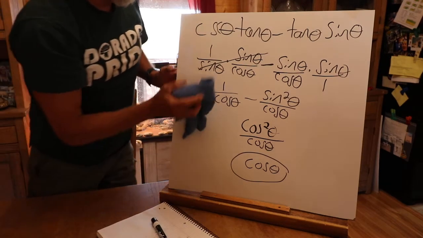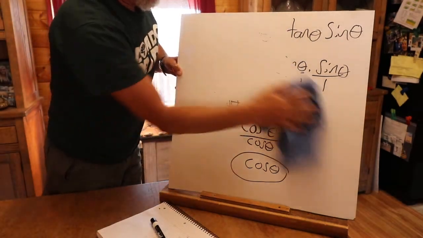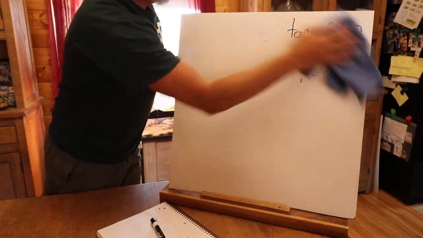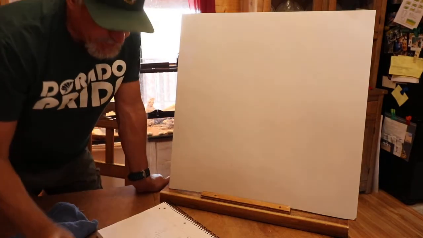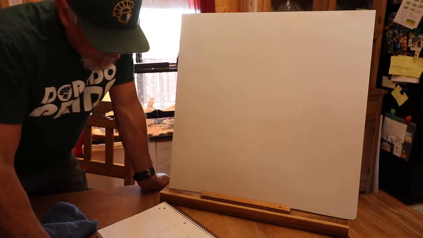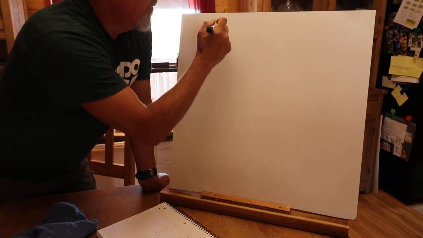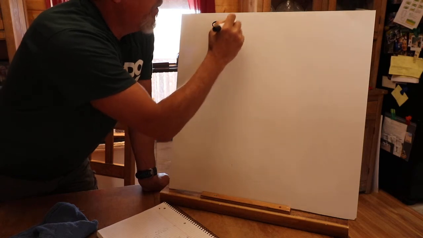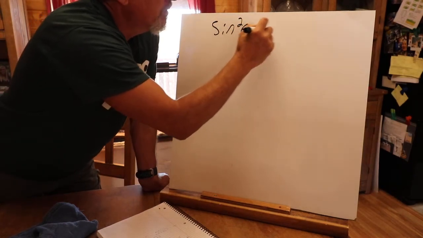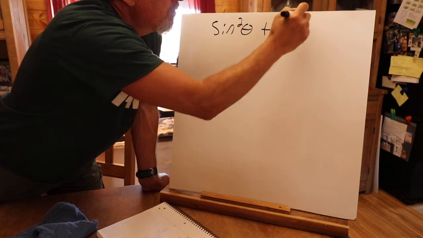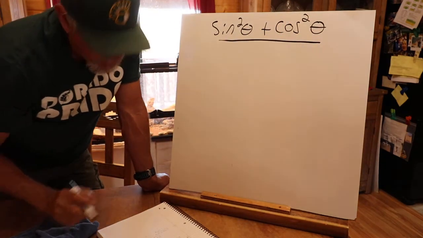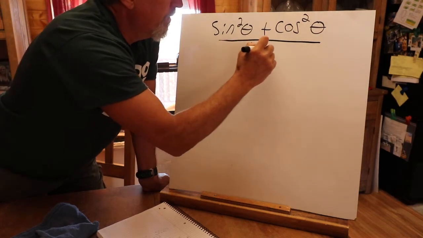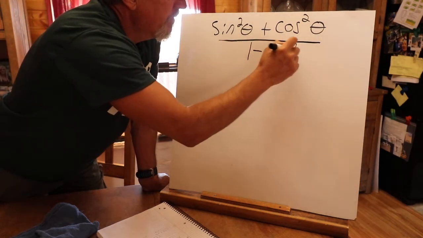I'm going to show you another one that's very similar. And this is the last example I'm going to show today. So it's a fraction. You have sine squared of theta plus cosine squared of theta all over 1 minus cosine squared of theta.